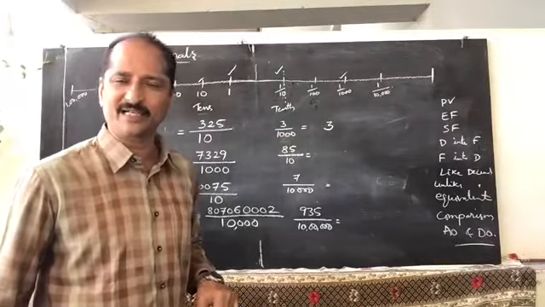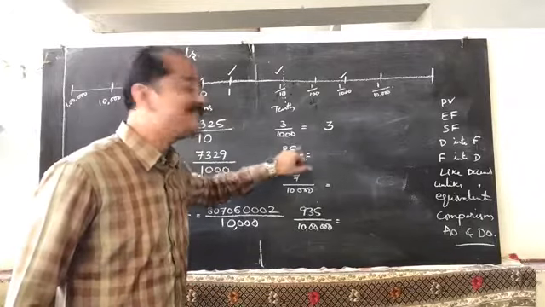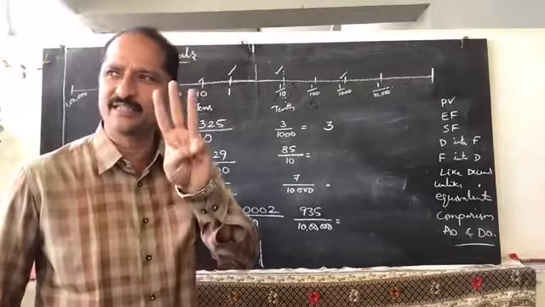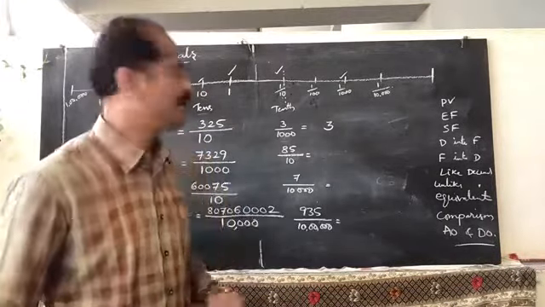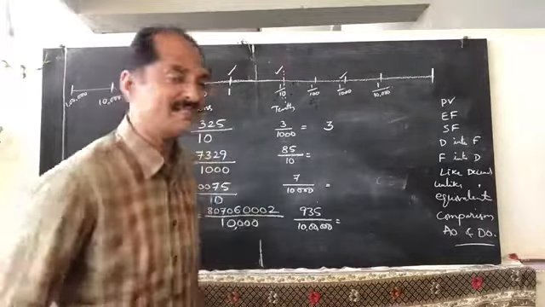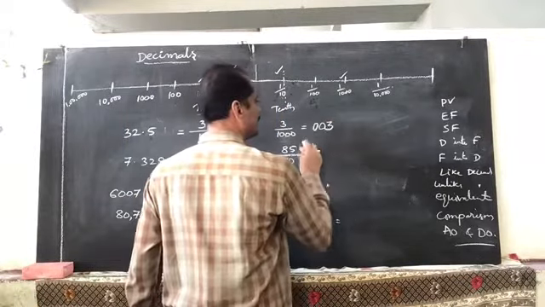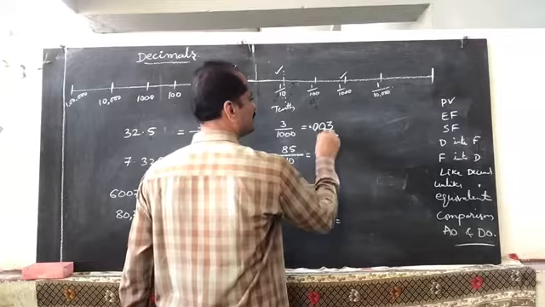Looking at it another way, there should be 3 digits in the decimal part. Decimal part లో 3 digits ఉండాలి. The numerator contains only 1 digit. How can you write 3 in 3 digits? 3 means 0, 0, 3. That means 0.003.